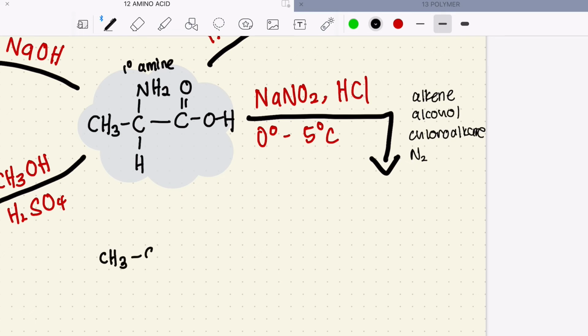CH3, CH, C double bond O, OH. So the OH is here. This is your alcohol. Now the second product, which is alkene, will be CH2, CH, C double bond O, OH.